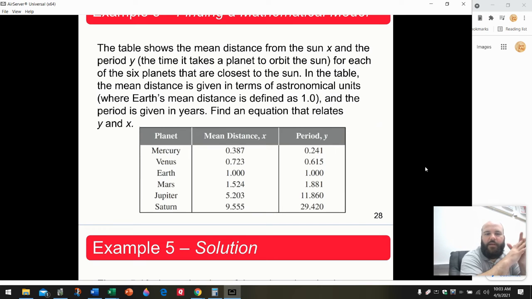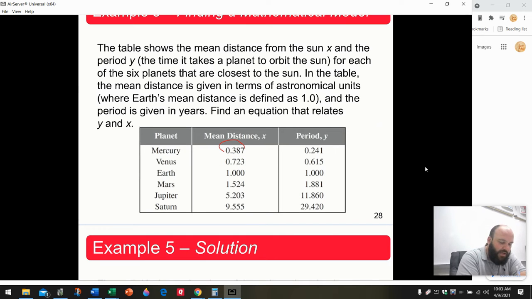And so what you can see here is we have Mercury, Venus, Earth, Mars, Jupiter, and Saturn. Now remember, the Earth, this mean distance right here, this 1, is the distance from the Earth to the sun. So what you see here is Venus is slightly closer to the sun than Earth is because it's only 0.7 units.